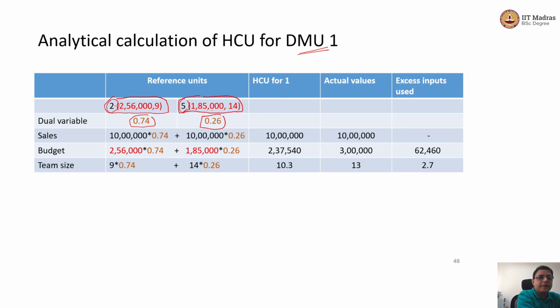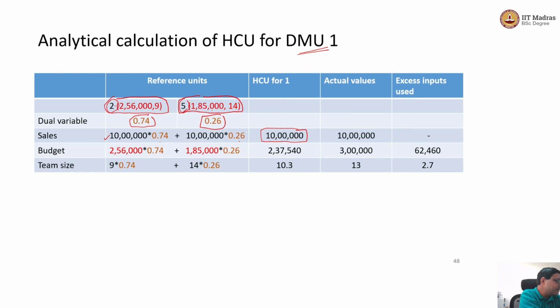What is the output coordinate of 2? Every DMU generates sales of 10 lakh rupees, so that is the output coordinate. So 10 lakh rupees into 0.74 plus 10 lakh rupees into 0.26 will give you the output coordinate of the hypothetical composite unit, right?